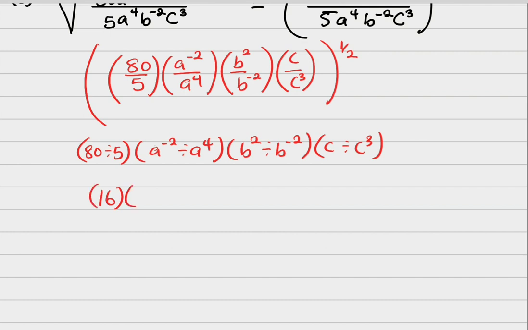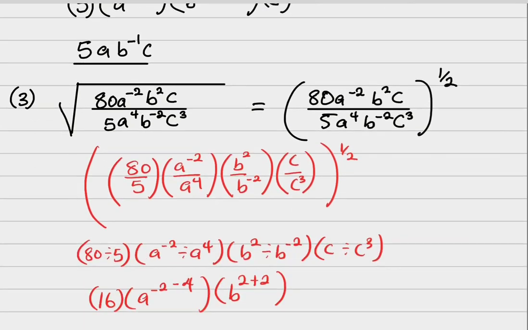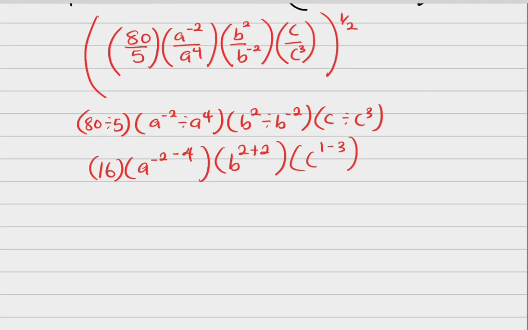Then a raised to power minus 2 minus 4. Then b raised to power 2 plus 2. I've shown you what is happening in the previous example, so it's not a problem to make this conclusion. Then I have c raised to power 1 minus 3.